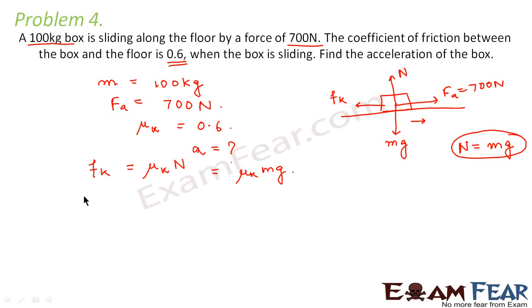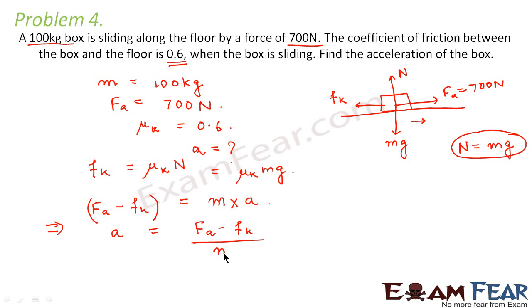That means if I write the equation of motion along the horizontal direction, the net force would be Fa minus Fk. This will be equal to mass of the body into the acceleration produced in the body. So from this we can find that acceleration is equal to Fa minus Fk divided by m.